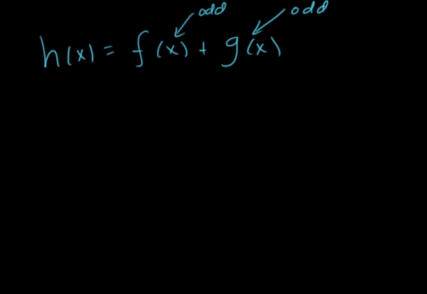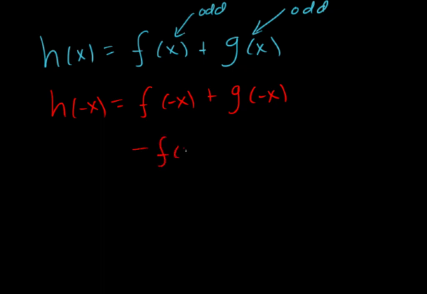So, if we plug in a negative x for all of these, since we know that these are odd, we know that they're going to end up looking like this.